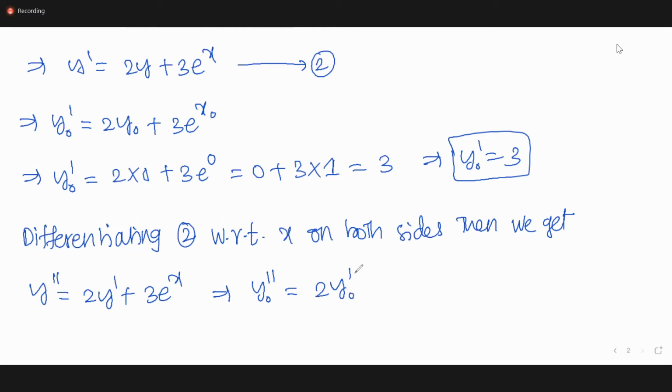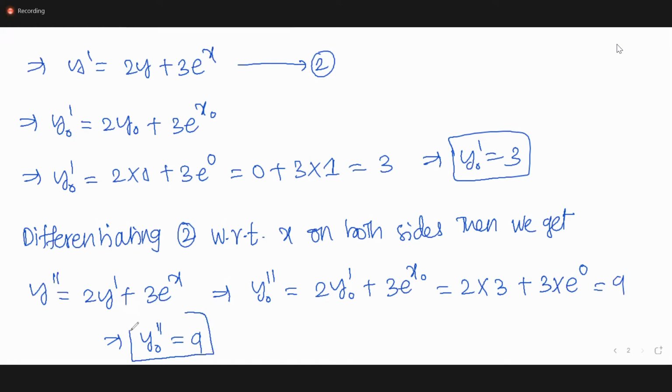That is 2y naught dash plus 3 e power x naught. 2 into what is y naught dash? 3. 3 into e power 0. So y naught double dash is equal to 6 plus 3, 9. The second order derivative of y at x is equal to x naught is 9.